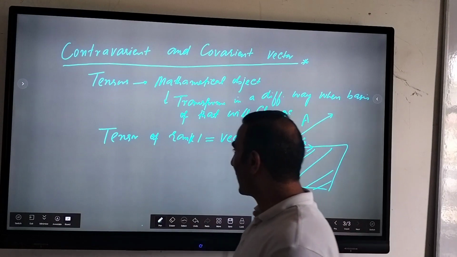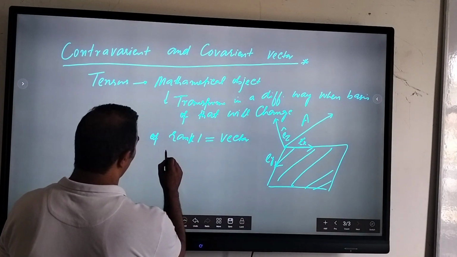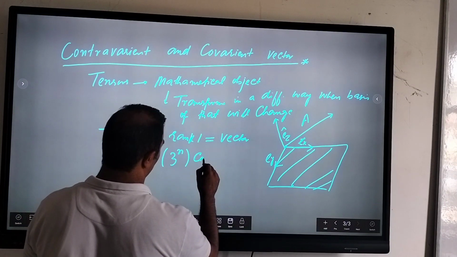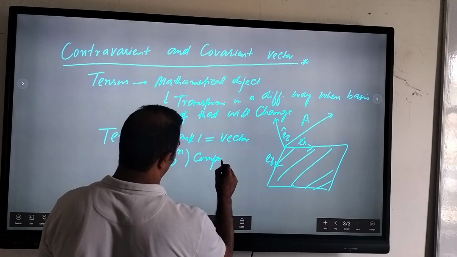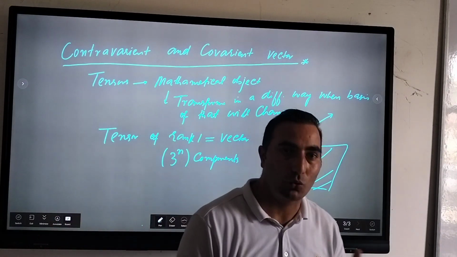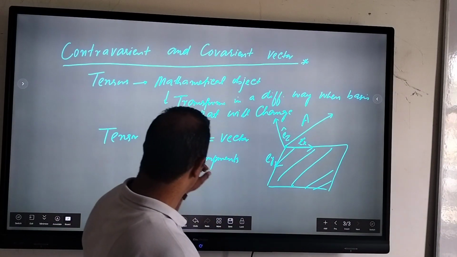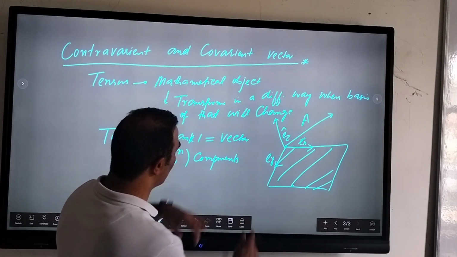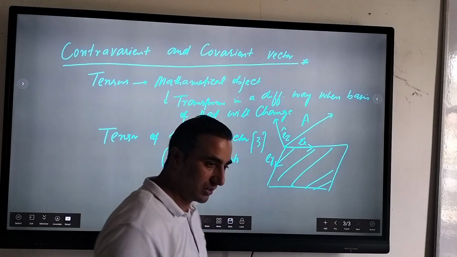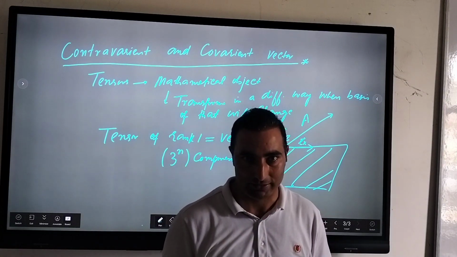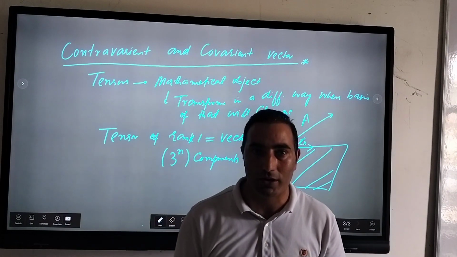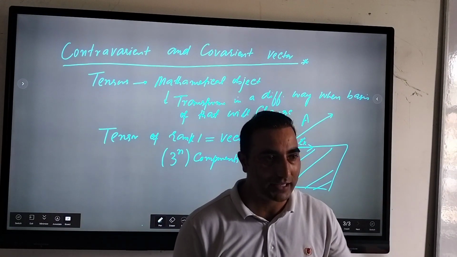That means we then have 3 raised to n components, where n stands for the rank of that tensor. Suppose the rank is 1 here, how many components can it have? It has 3 components. 3 components means it can have x, y and z components, right? And similarly, if you talk about a scalar, I already told you that this is again a tensor of rank 0.